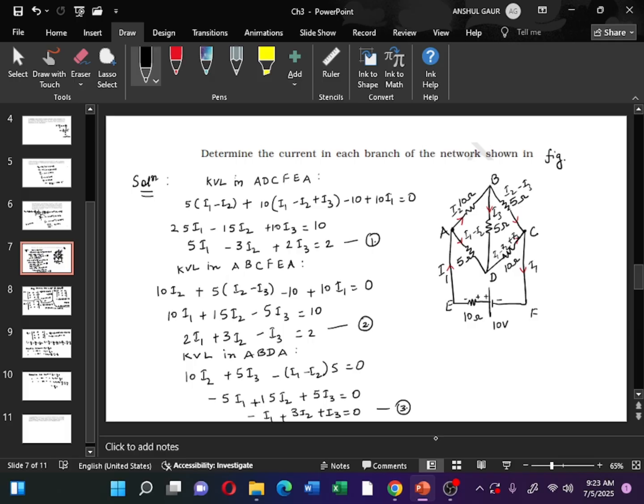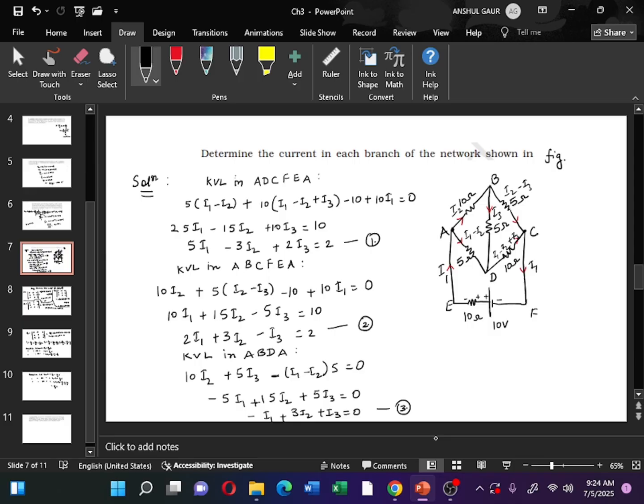And for branch DA, this is important: if we traverse the loop from D to A, then we are going opposite to the direction of I1 minus I2. That's why we choose a negative sign here: minus (I1 minus I2) times 5. In this way, we get the equation in simplified form: minus I1 plus 3 I2 plus I3 equal to 0. So in this way, we get three equations.